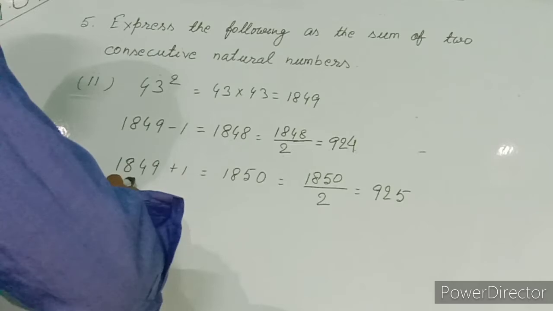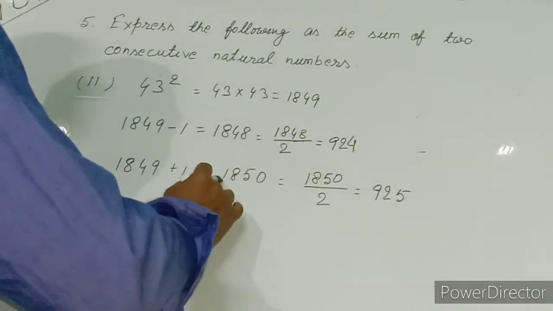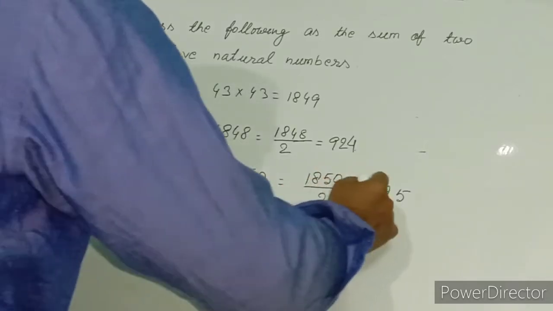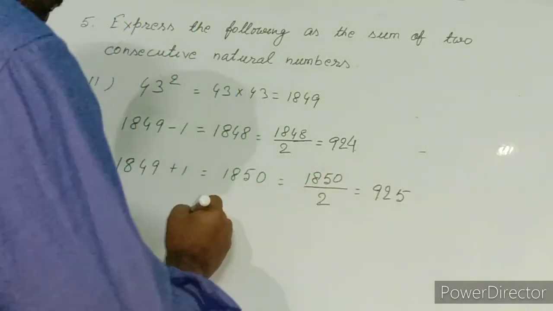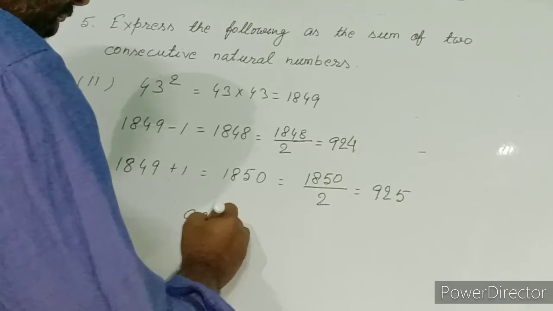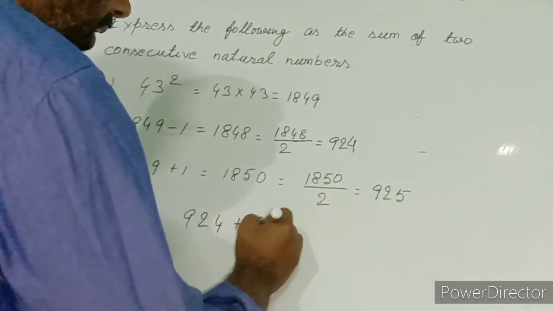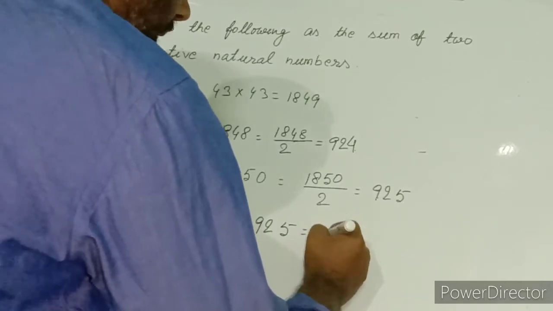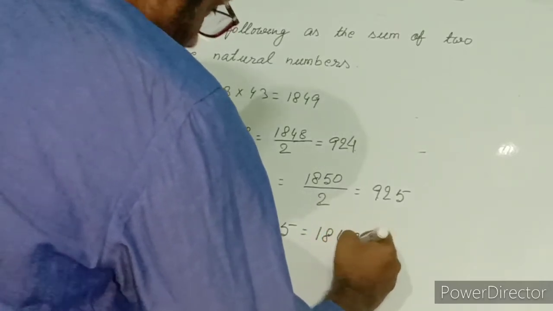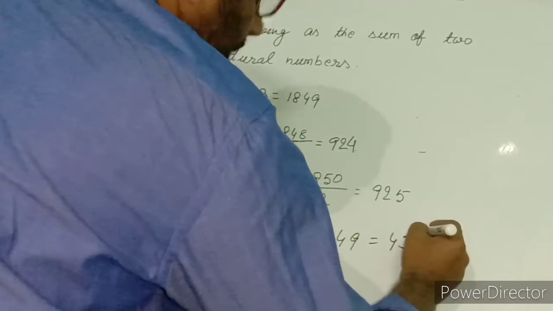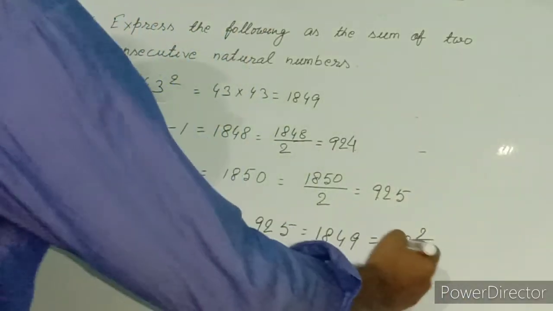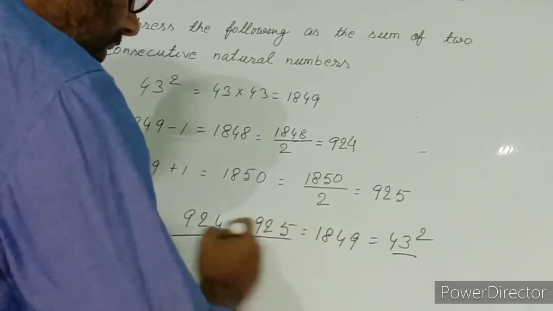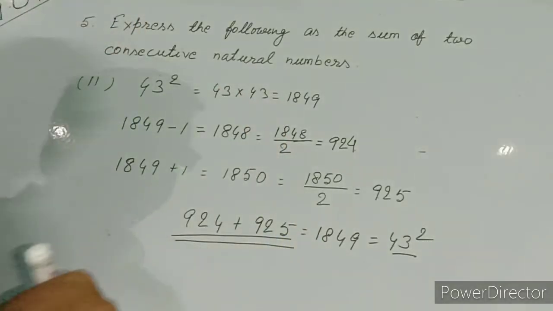Secondly, I added 1 to this number. So I got 1850. Again this is also divided by 2. So I got 925. Now 924 plus 925 equal to 1849, that is equal to 43 square.